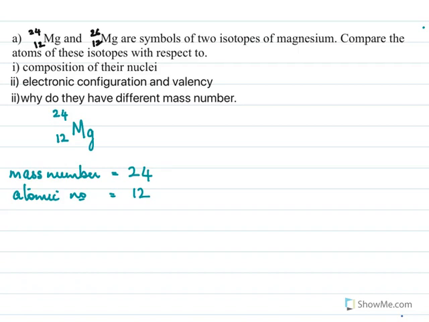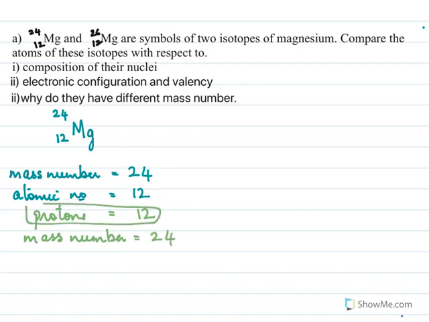And then the next step, we know mass. We'll calculate the number of neutrons. So atomic number is 12, means protons equal to 12. Now they said mass number is 24. So first remember, protons we've calculated 12, mass is 24, mass is protons plus neutrons.